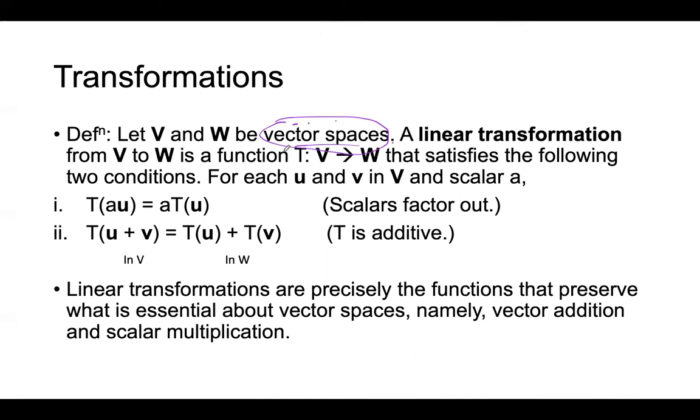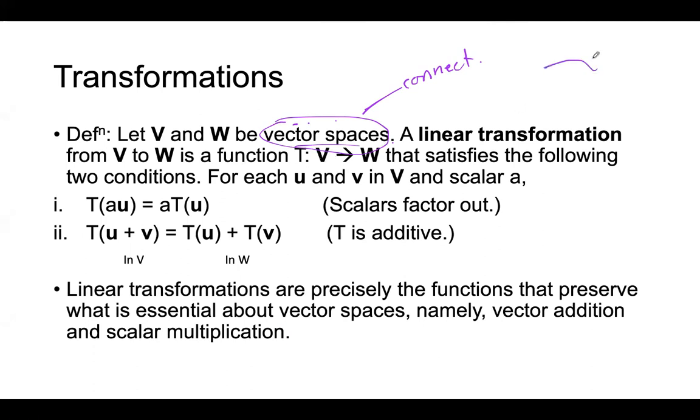So if something works for all vector spaces, then it works for continuous functions in calculus, which are vector spaces, and for matrices, because matrices are also vector spaces. It helps connect different mathematics together.